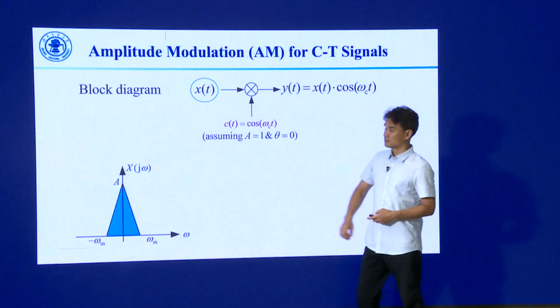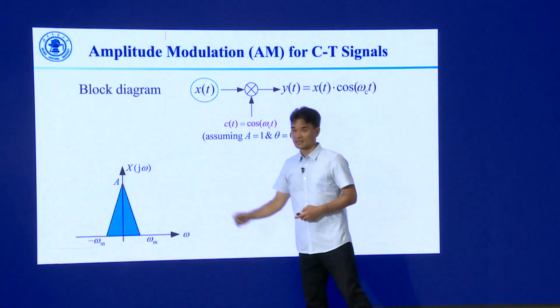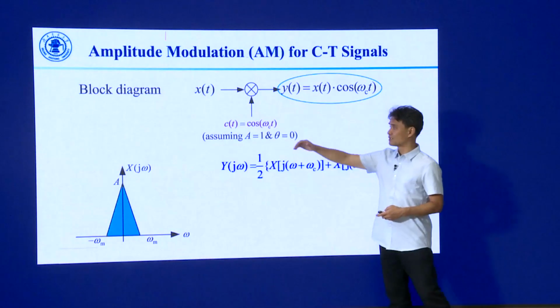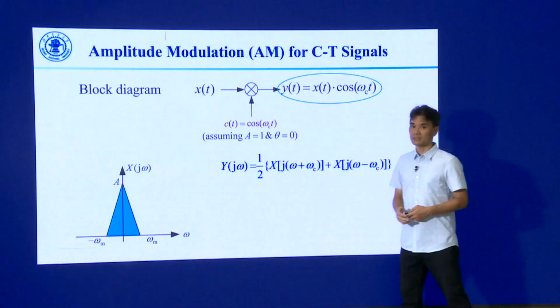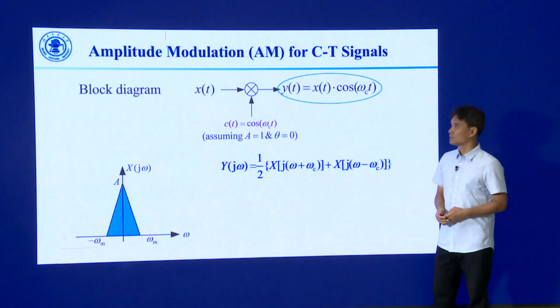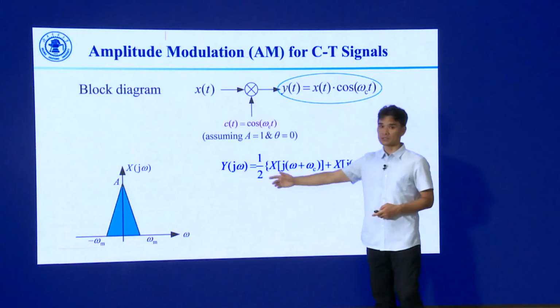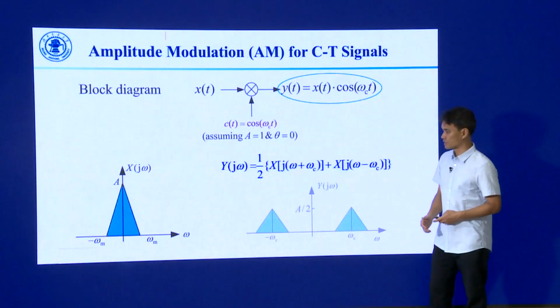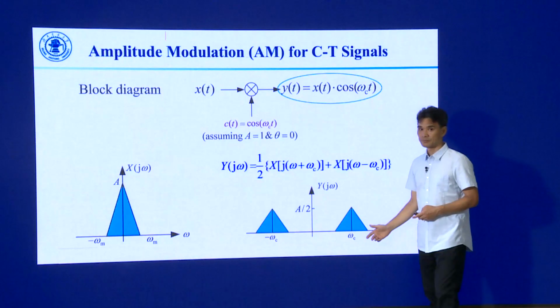And assume this is the spectrum of the input signal. After multiplication by the carrier, based on the modulation theory, we can get the spectrum of the modulated signal. And here is the graphic representation.